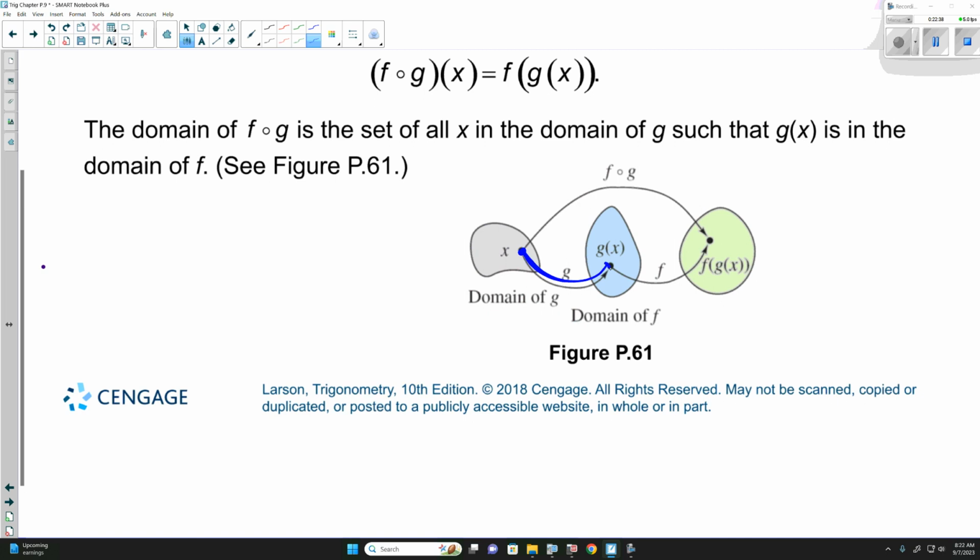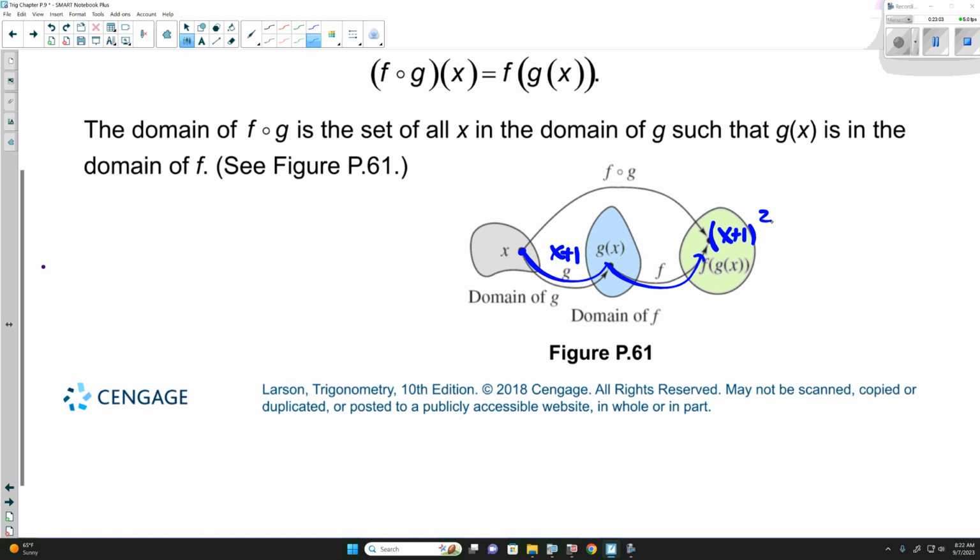We're plugging it in, which really just gave us this last one, the function x plus 1. And then we take that and plug it into f to find it. So we plugged x plus 1 into f, which gave us the x plus 1 squared.